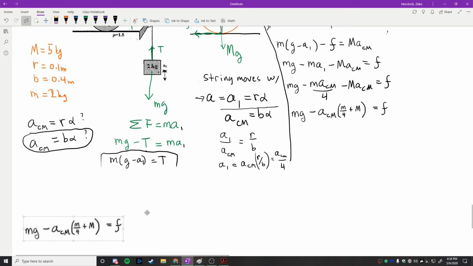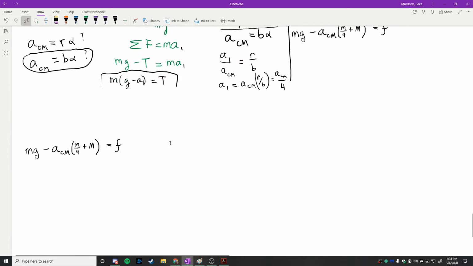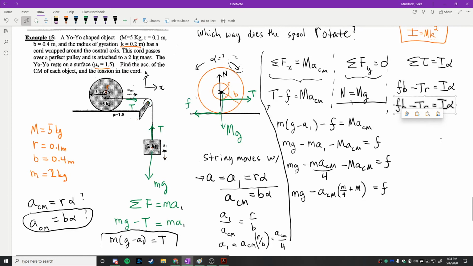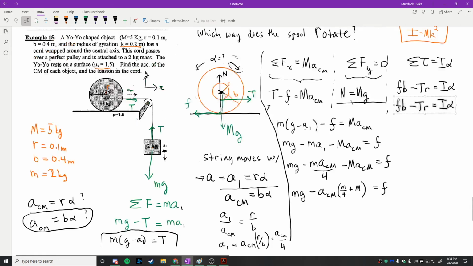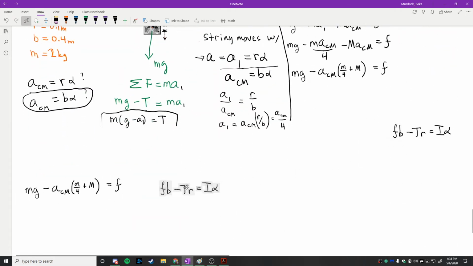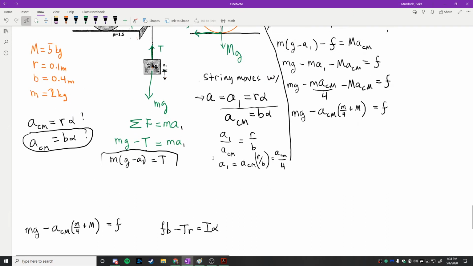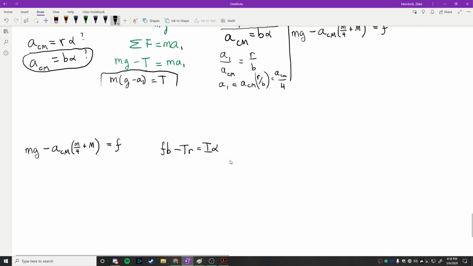It's because I deselected. We've got that equation. We've got our torque equation. I see what's happening. It wants me to paste it there. Okay, do this here, and then move it over here. We've got to put those two equations together, and we're also going to have to use some of our other relationships. So those are the two equations we need to push together now.